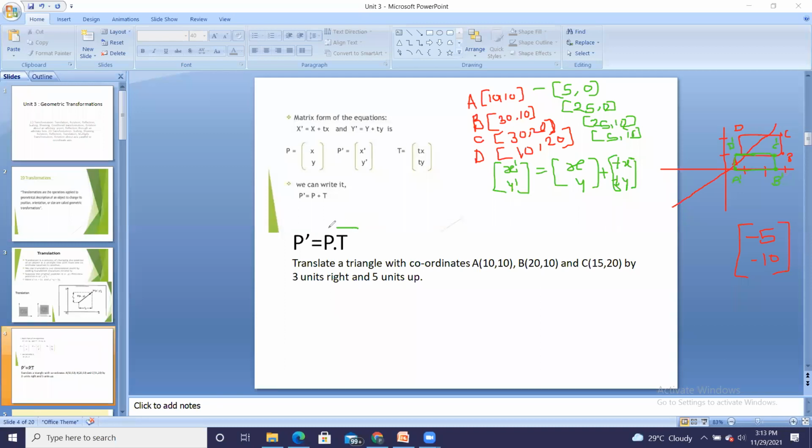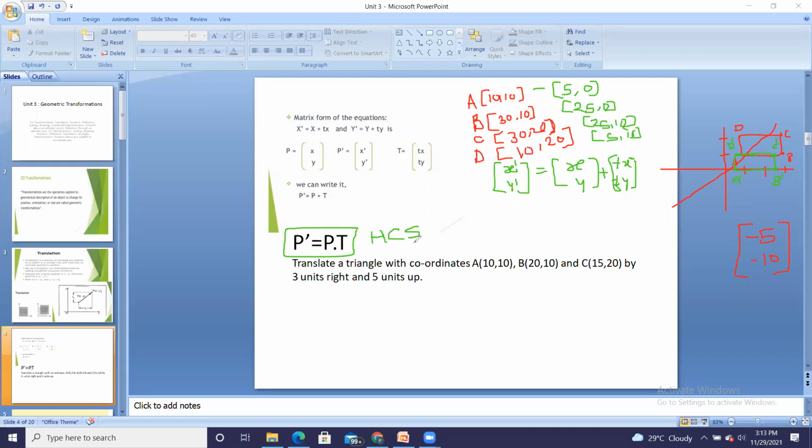So now if I want to get the formula in terms of matrix multiplication, how should I move further? For that purpose, the solution is homogeneous coordinate system. So what is homogeneous coordinate system? That we will see in the coming slides.